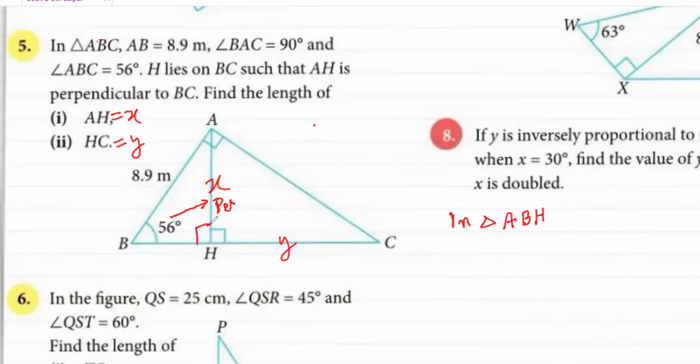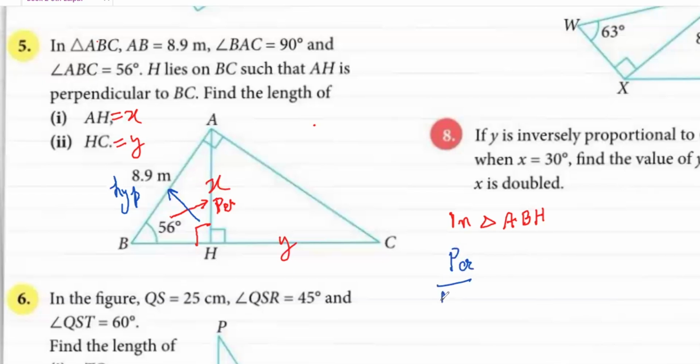This is 90-degree angle H. At H, there is a 90-degree angle. So the side against the 90-degree angle is always the hypotenuse. This side is hypotenuse. So perpendicular over hypotenuse. Well, so here you can see that perpendicular over hypotenuse. You know that perpendicular over hypotenuse is always sine, not the cos.